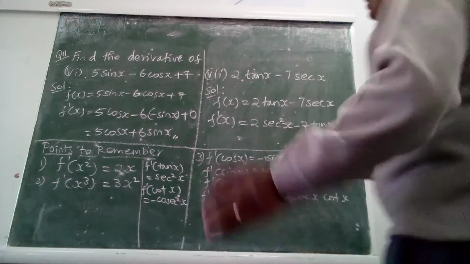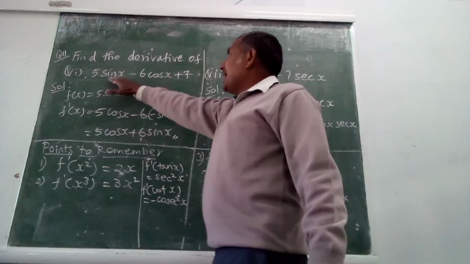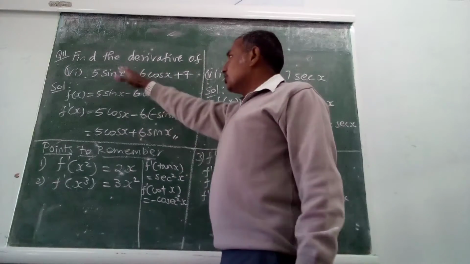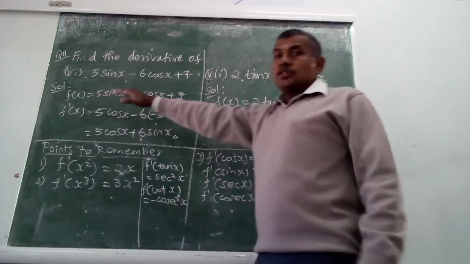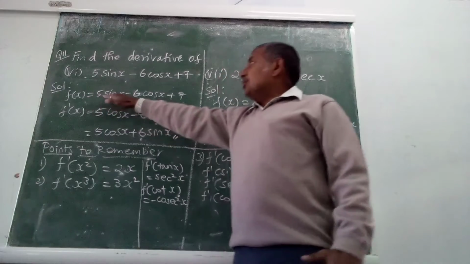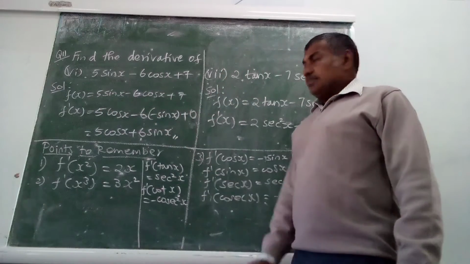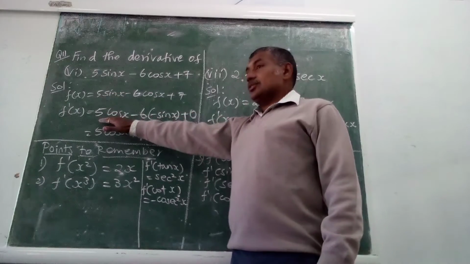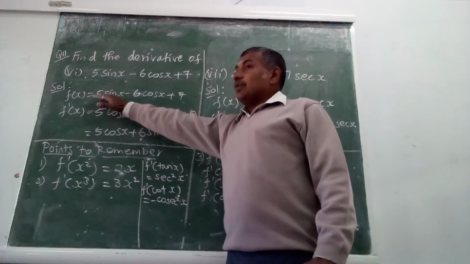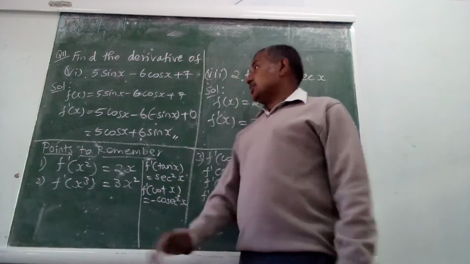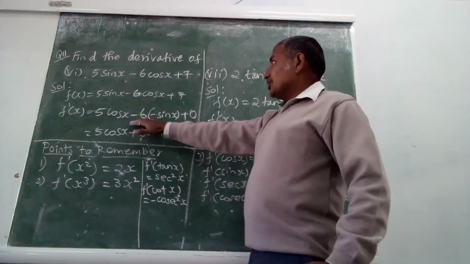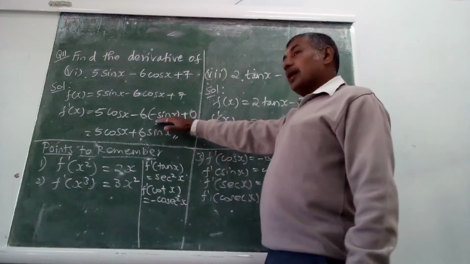Find the derivative of 5 sin x minus 6 cos x plus 7. We consider f of x equal to 5 sin x minus 6 cos x plus 7. When you differentiate sin x, we get cos x, so 5 sin x gives 5 cos x. Differentiating minus 6 cos x, we get minus 6 into minus sin x.